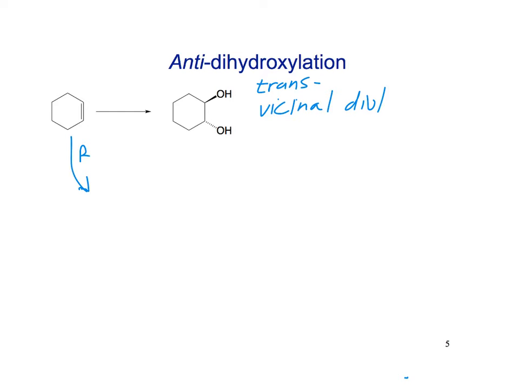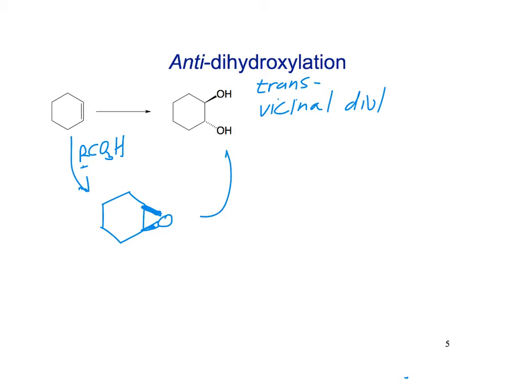We can react the alkene with a peroxy acid. Don't worry about what this R group is. There's a bunch of different ones you can use. This gives us the epoxide, and the epoxide would be either on the top of the ring or the bottom. In fact, those are both the same compound in this case, right?